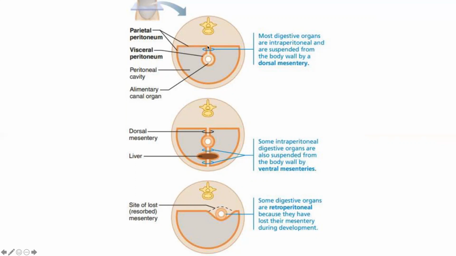If the peritoneum extends from the posterior abdominal wall to the intestine, that is called dorsal mesentery. And if the peritoneum arises from the anterior abdominal wall to the viscus, it is called ventral mesentery.